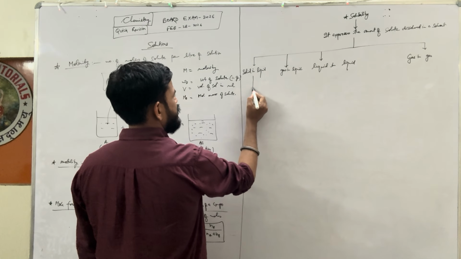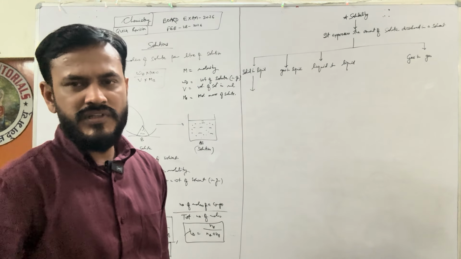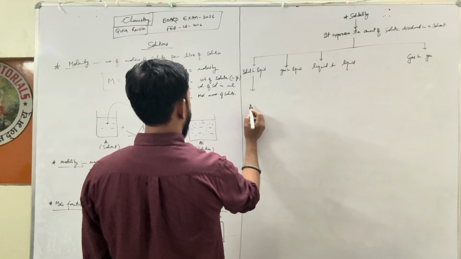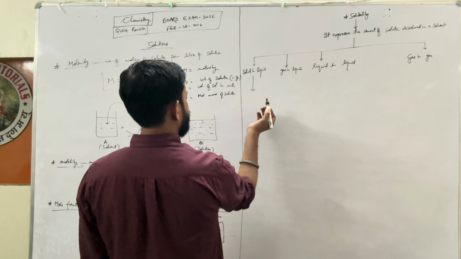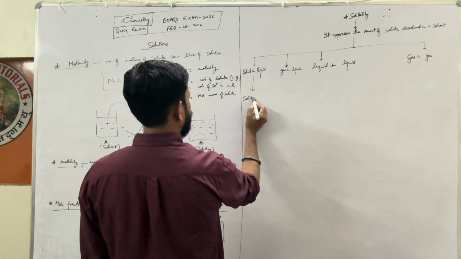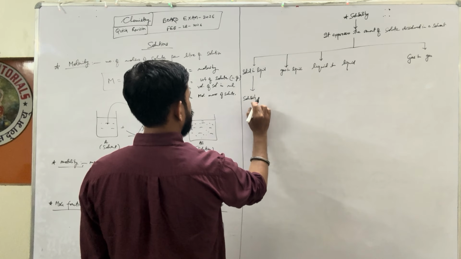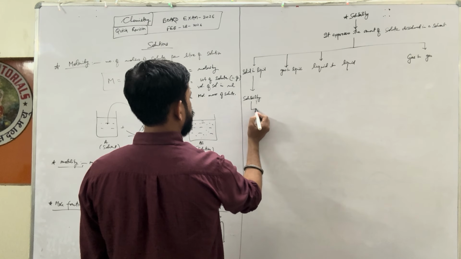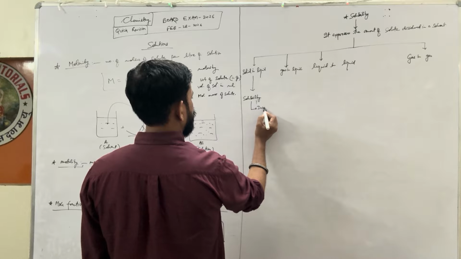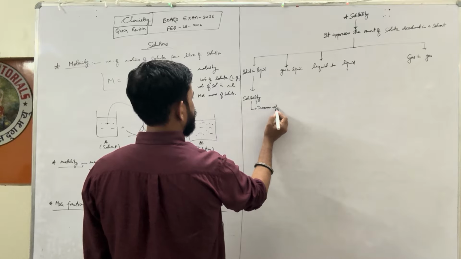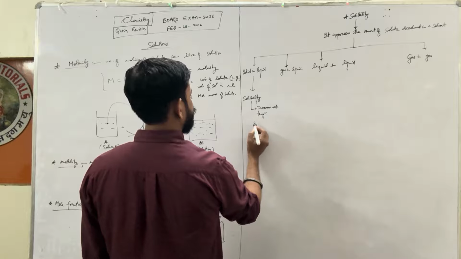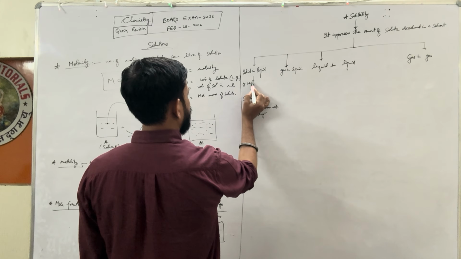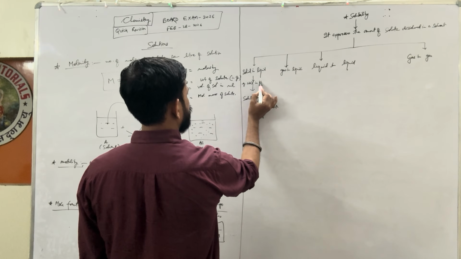Now, when solids are dissolved in liquid, for example, common salt dissolved in water, the solid and liquid, how does the solubility change? Solubility increases with temperature, for example NaCl in water.